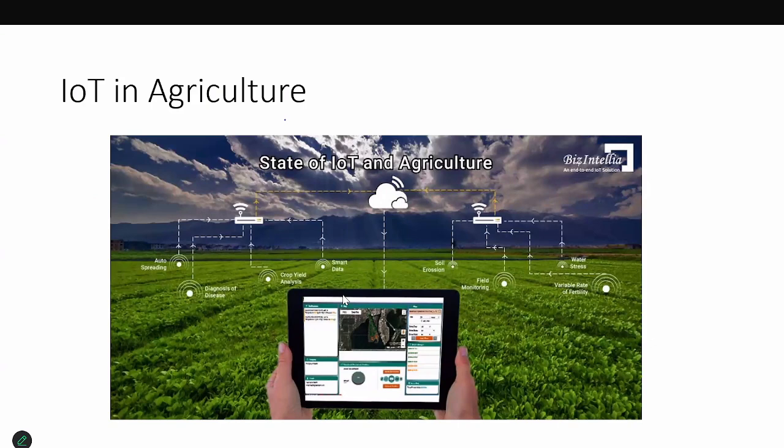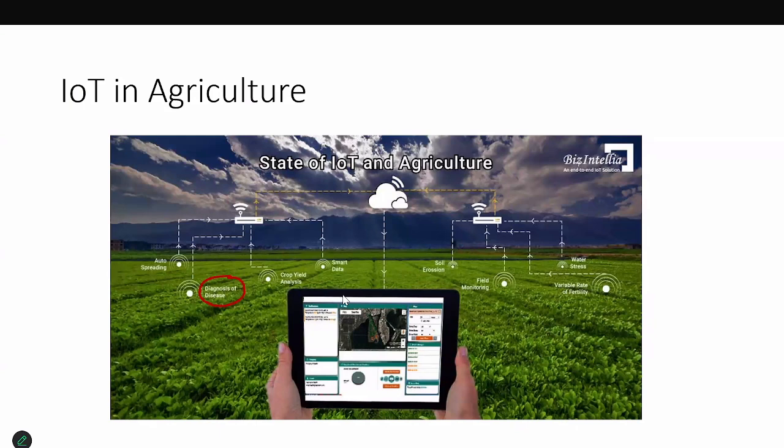And some examples. So this is from agriculture. You can see that most of the state-of-the-art IoT-based systems, if you consider, agriculture is one of them, right? Even in Sri Lanka, people use sensors to get data. Some examples are there. We can use auto-spreading diagnosis of diseases. So this is really crucial, right? In a big farm like this, it is extremely complicated to find these diseases by humans.